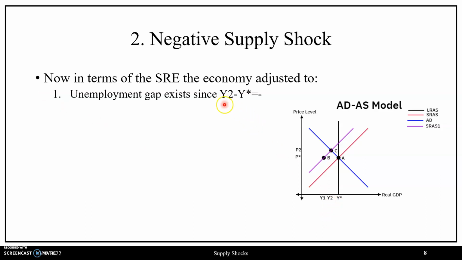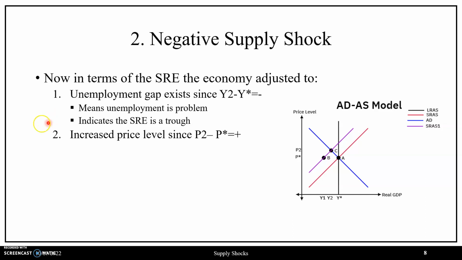If we took the difference between Y2 and Y star, this would give us a negative number, hence why we know that an unemployment gap exists, where full employment does not hold in this economy due to at least unemployment being a problem. And in terms of identifying if this is a trough or a peak, given that it's an unemployment gap, we know that this short-run equilibrium corresponds to a trough.